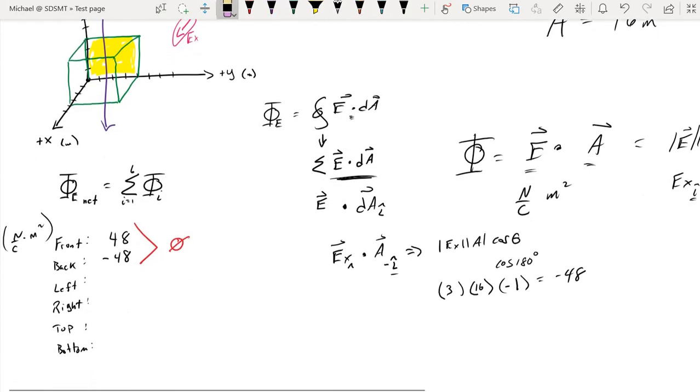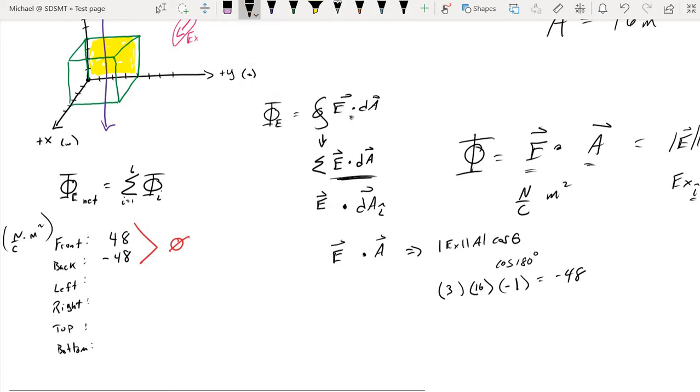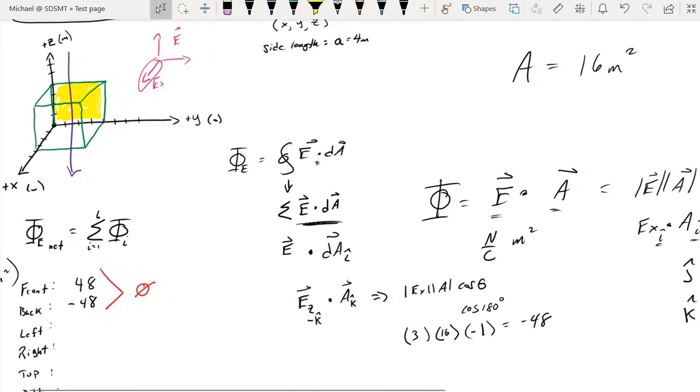We can come through here and we can set up the appropriate dot products for the z component of electric field, which is pointing in the negative k hat direction. If we start with the top face, it has an area vector that is pointing up in the k hat direction.